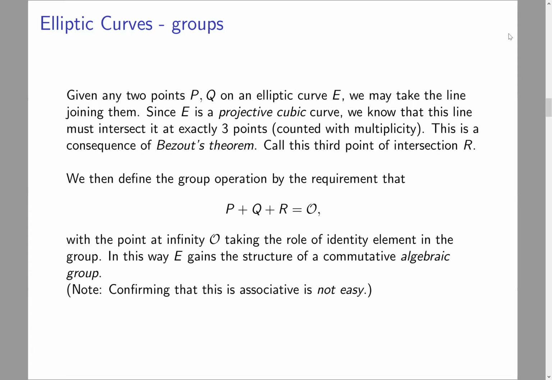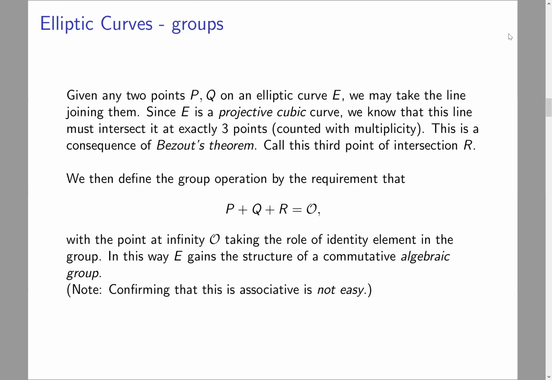So there's always a way to take 2 points and get a third point. And then what we do is we set that point at infinity to be the origin, the identity element of the group. And those 3 points that are on a line together, we insist that they sum to the identity element. So whatever R is, this third point of intersection, it's like the additive inverse of whatever the sum of P and Q is.